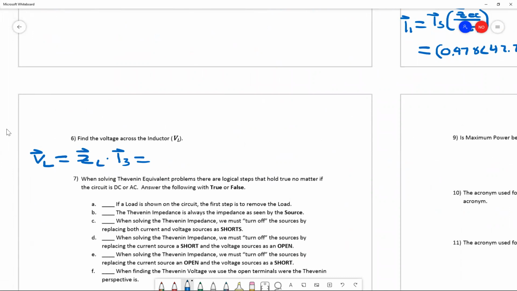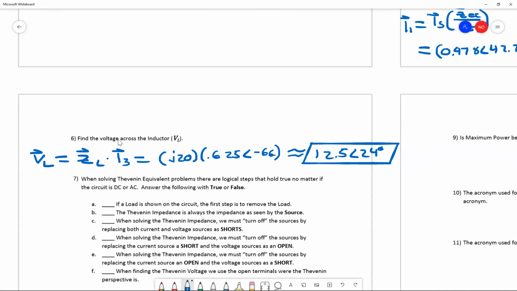The inductor was at a value of J20, and its current was 0.625 at an angle of negative 66, which is going to give you roughly 12.5 at an angle of 24 degrees.